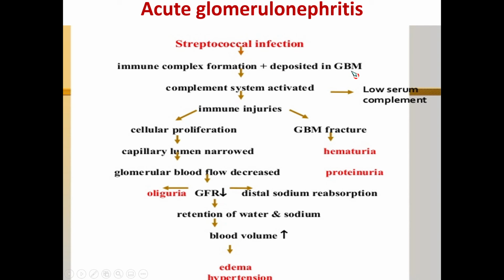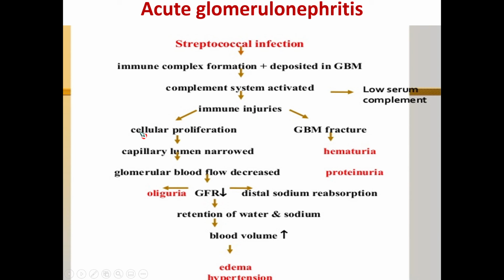Once you have a sore throat due to streptococcal infection, antibodies are formed against the bacteria, and then antigen-antibody complexes are deposited in the glomerular basement membrane. Then the complement system is activated. Then what will happen? It will cause immune injury, that your immune system is going to injure your glomerulus. What's going to happen here?